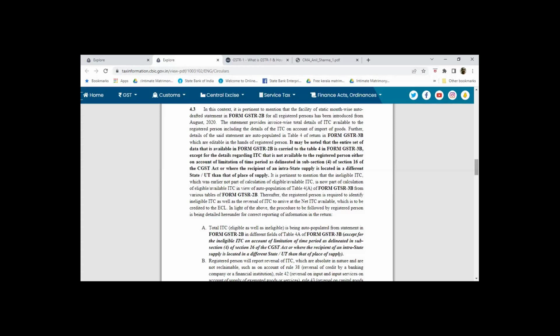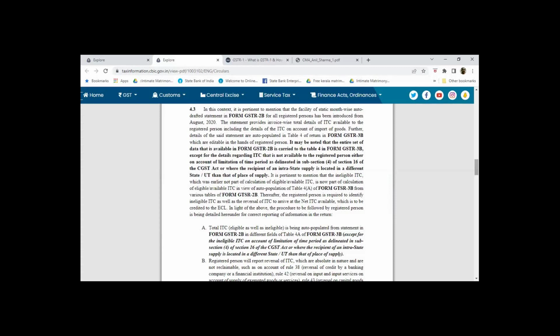The person belongs to a different state, but bill received is CGST plus SGST bill, and the hotel also uploads this CGST plus SGST bill in his Form GSTR 1, and this corresponding taxpayer in his Form GSTR 2B will see the entry as ineligible ITC. So it is ineligible ITC in Form GSTR 2B and it is not reflected in Form GSTR 3B.